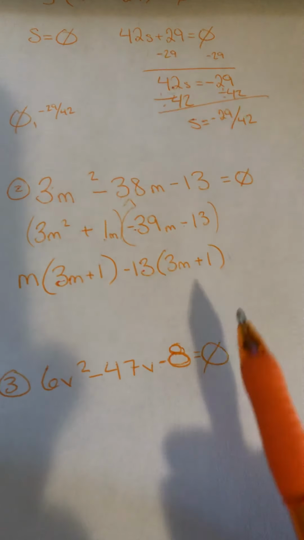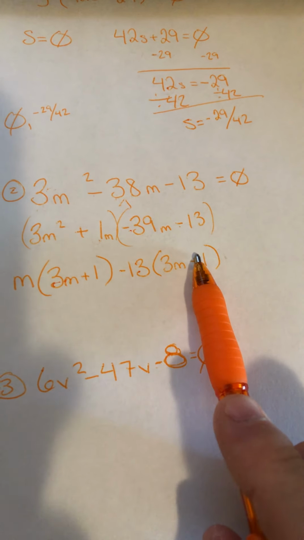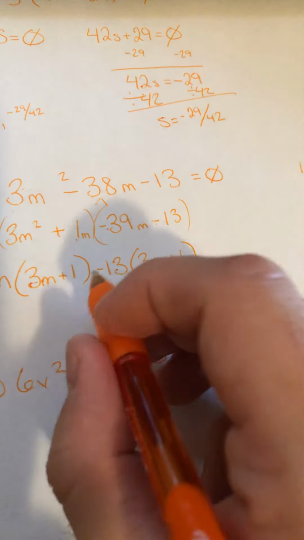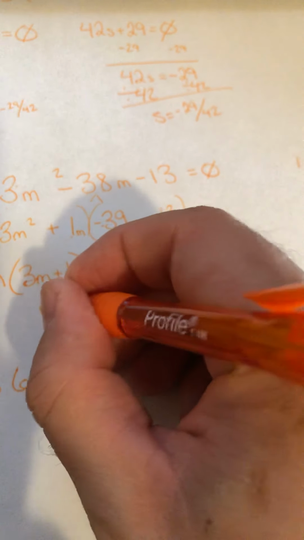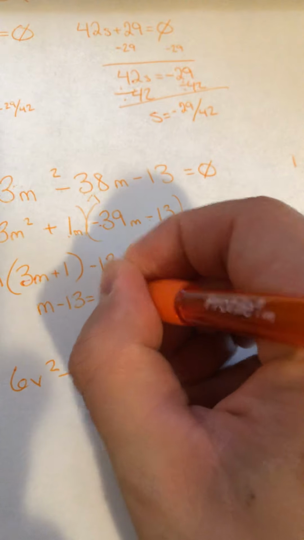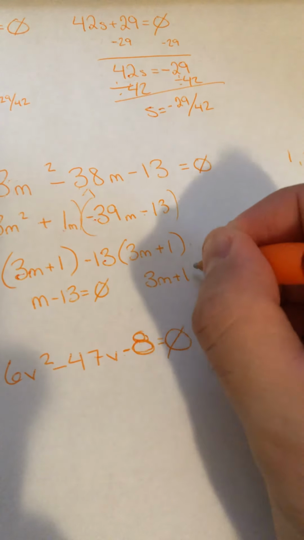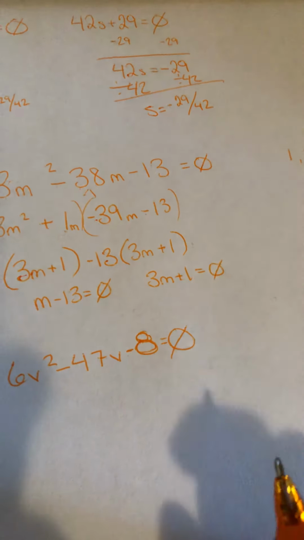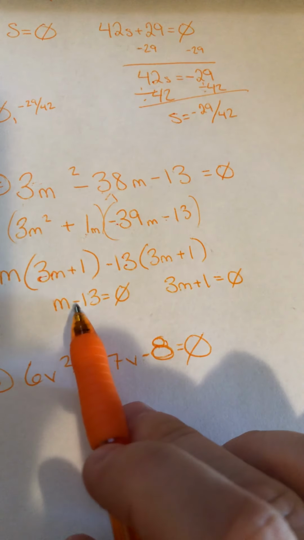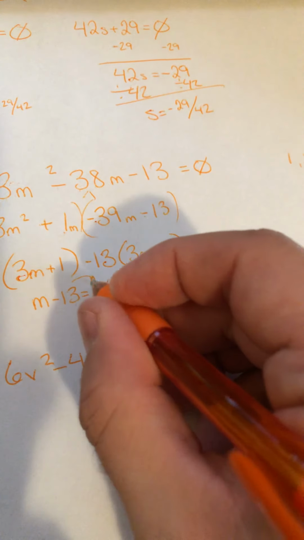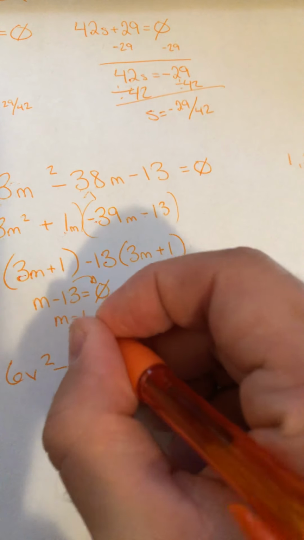And the only way you know if you get it right is if the inside of this parentheses matches the inside of that parentheses. And then you do m minus 13 equals 0, and then you do what's inside the parentheses, 3m plus 1 equals 0. All right, and then you just solve getting m by itself. So move 13 over there, gives you m equals 13.